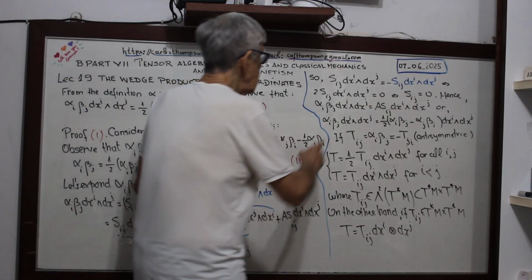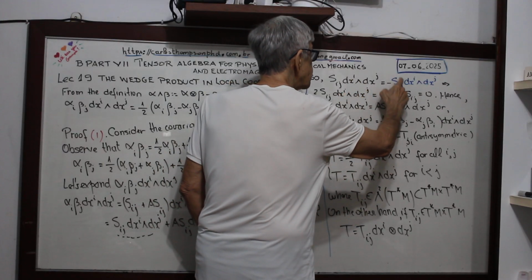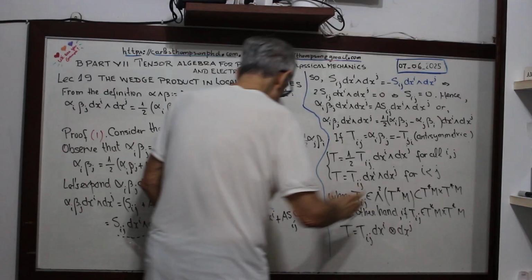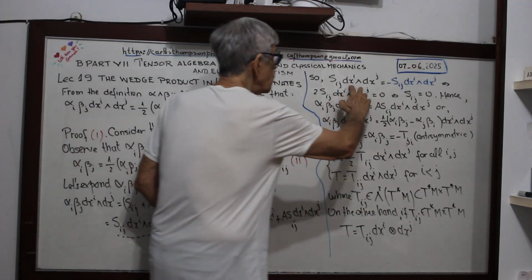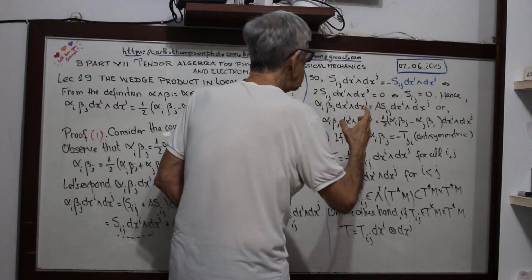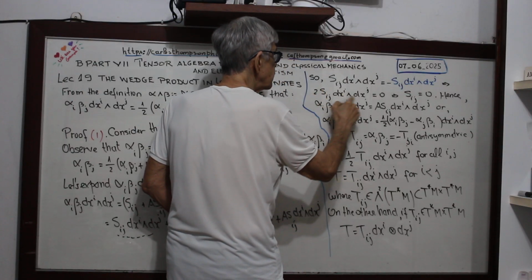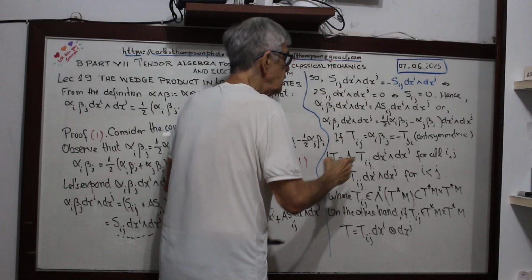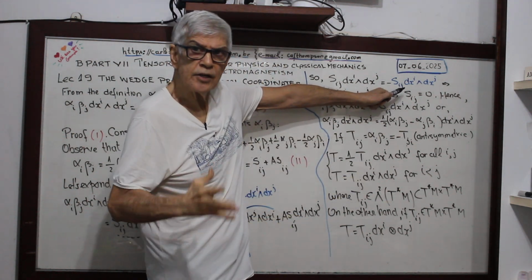Now S_ij dx^i wedge dx^j is equal to minus S_ij dx^i wedge dx^j. They are equal, so 2 times S_ij dx^i wedge dx^j is equal to 0. This implies that the symmetric part is 0.